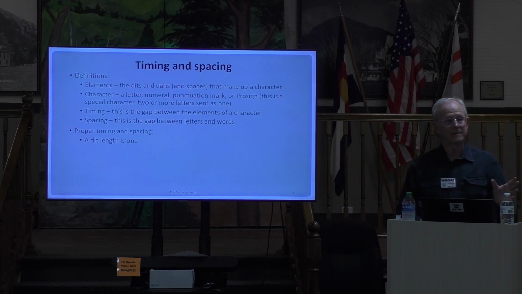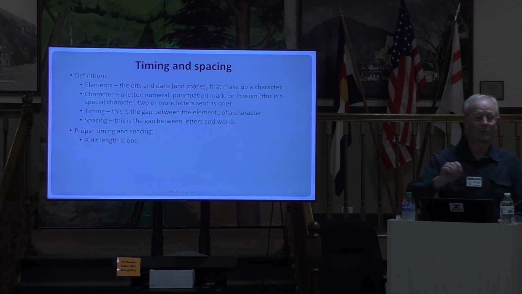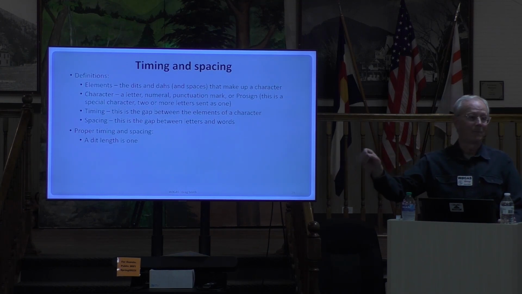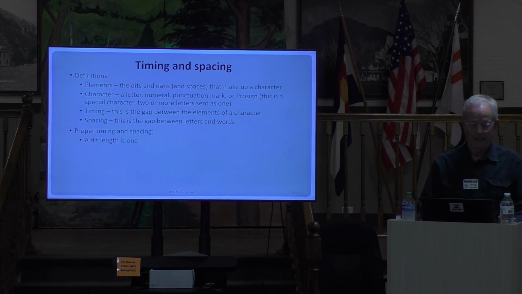So dits, well sent, have a length of 1. Well, that doesn't say much, does it? Well, it's 1 because I don't know whether you're going to send it at 5 words a minute or 30 words a minute. But whatever speed you pick, that dit has a length of 1 and a dah has a length of 3.